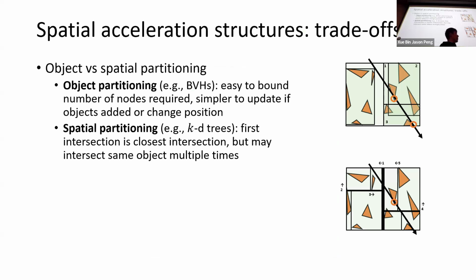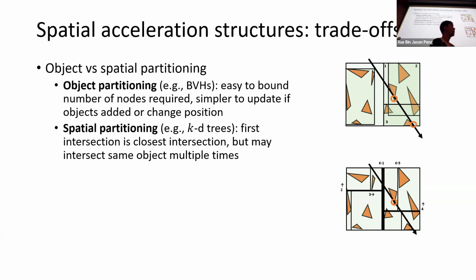So because of these different object and space partition data structures, they offer different types of advantages and disadvantages. In the case of object partition data structures, like BVHs, some of the advantages include it's a little bit easier to bound the number of nodes that we need to contain all of the objects in the scene.